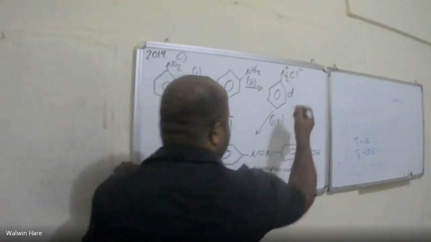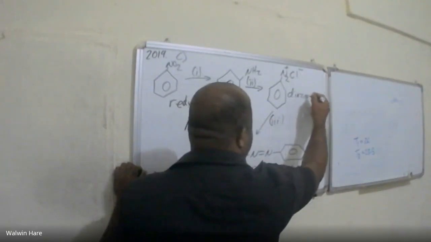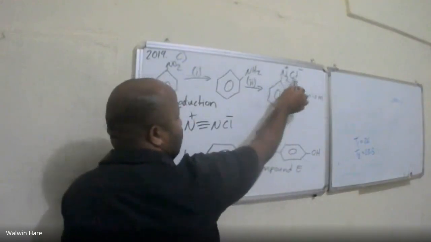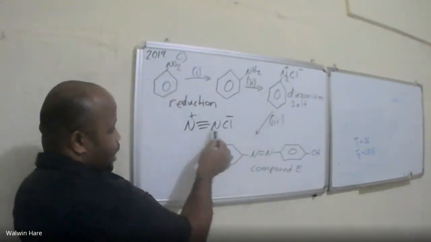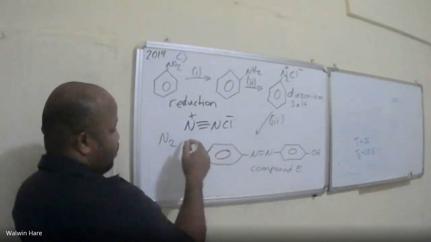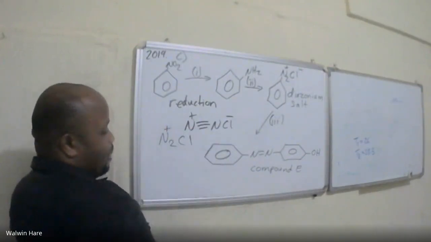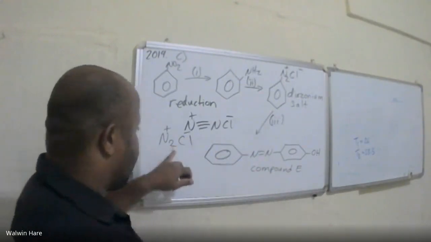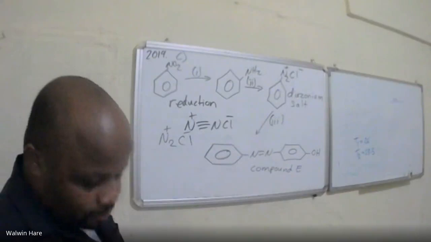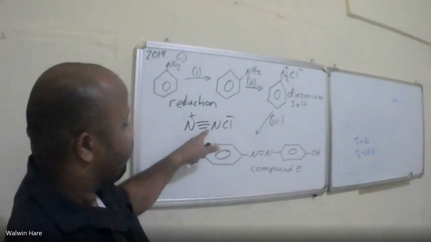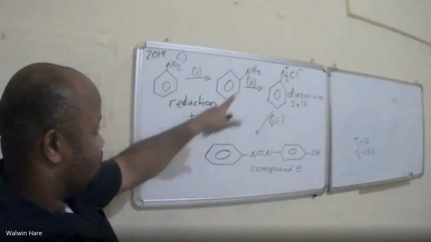So that's the diazonium salt. If they write N2Cl, they just didn't write out the bonds. It's N2Cl, nitrogen with the positive charge, Cl with the negative charge. So they just chose to write it like this instead of showing the bonds. Once you see this structure, you know it's a diazonium salt.